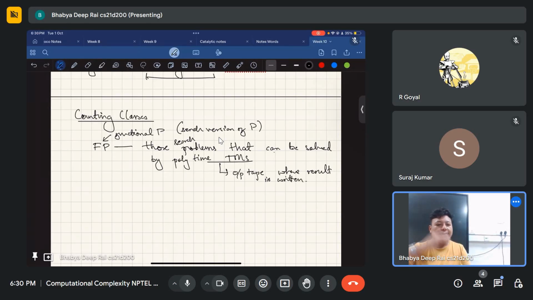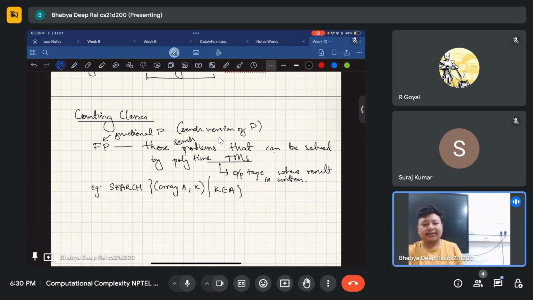For example, take the search question: given an array A and an element K, does K belong to A?